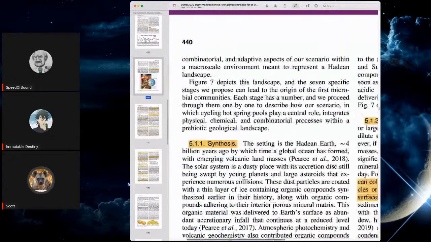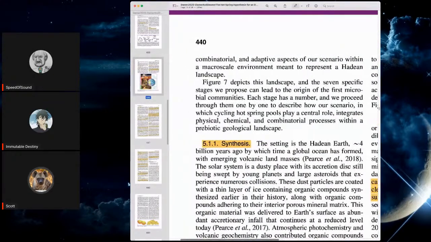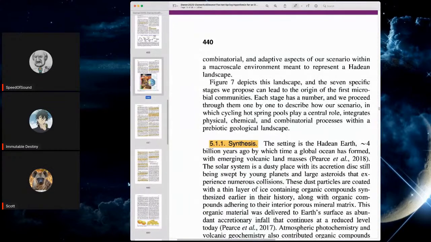combinatorial and adaptive aspects of our scenario within a macro scale environment meant to represent a Hadean landscape. I love it that they're calling the original, primitive landscape hell. Figure 7 depicts this landscape, and the 7 specific stages we propose can lead to the origin of the first microbial communities.